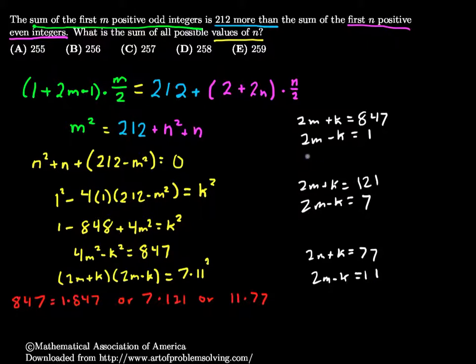Okay, so these are the three possible ways that we can get this to work out, unless I made k negative, which I'm not going to.